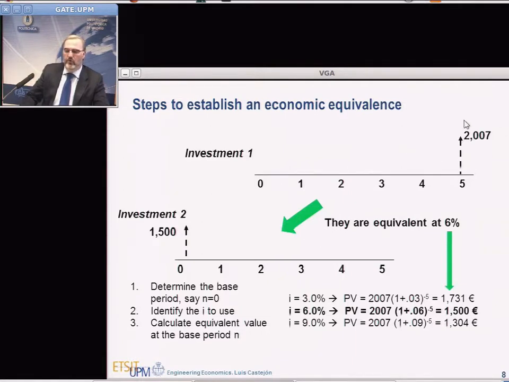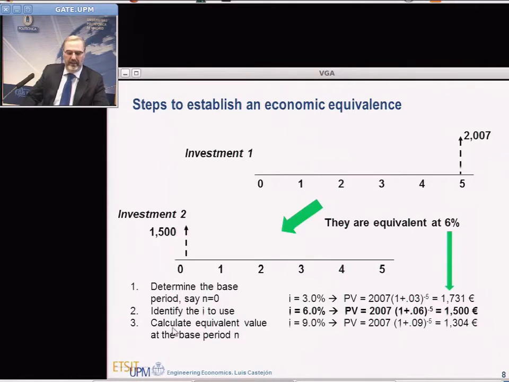So we are going to find the interest rate that makes a future value of 2,007 euros equal to a present value of 1,500. So this is step 2: identify the interest rate to use.